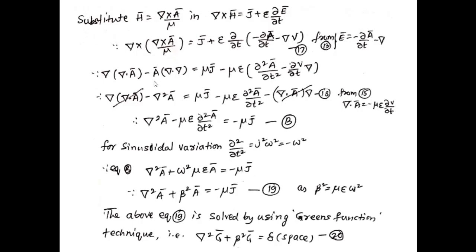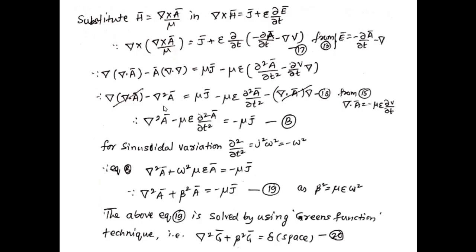When you take A bar outside, multiplying by mu, it is equal to mu J bar minus mu epsilon, taking minus mu outside into bracket dou square by dou t square A bar minus dou by dou t V into del. So this del into del dot A bar terms cancel out.